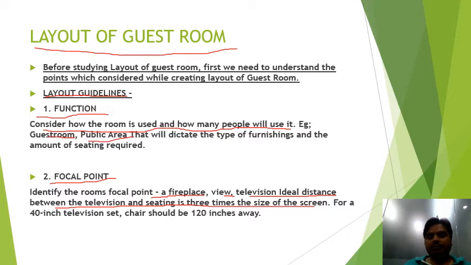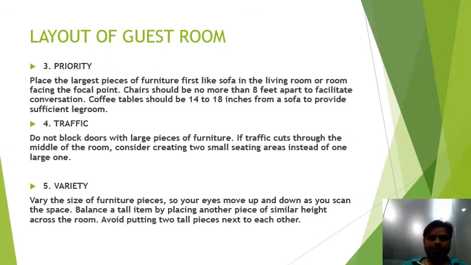For example, if you are talking about the television, the distance between the television and the sitting area should be 3 times the size of the screen. Meaning if you are using a 40-inch television set, then the chair should be 120 inches away from the television. So you have to decide the focal points accordingly and place the chair and television.